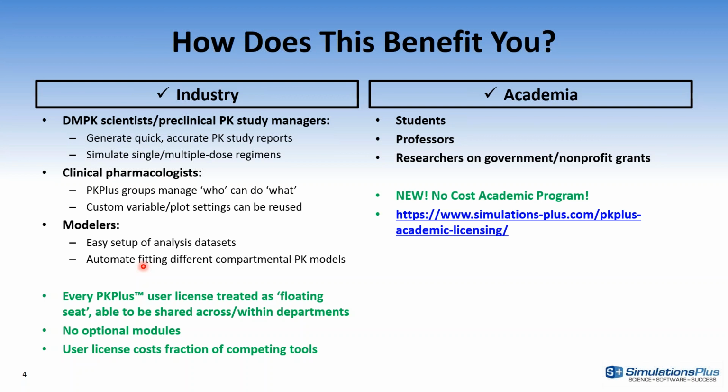All you have to do is apply. And you can see the URL here on our website. So now you're able to access the same functionality and features from PKPlus version 1 with the additional enhancements in version 2 at no charge for academic nonprofit use.